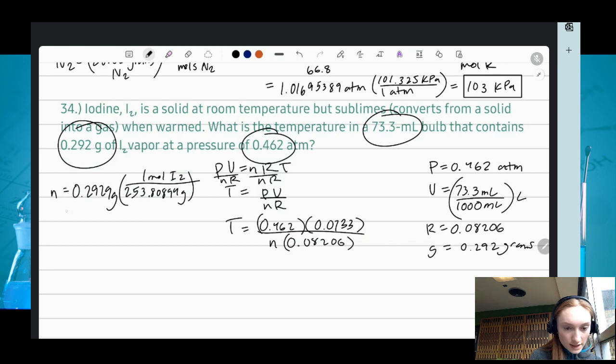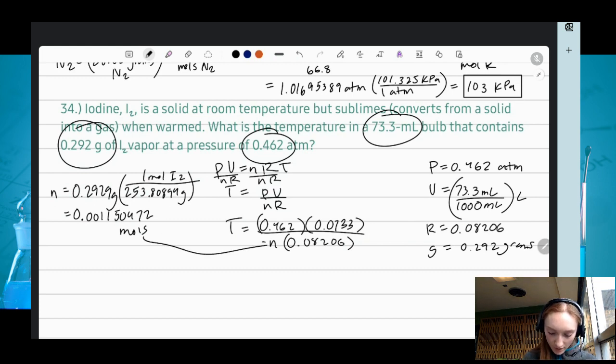And that will equal the amount of moles, which is 0.001150472 moles. So all we have to do is plug it in right there. Solving for all of that, the temperature will end up being 367 degrees Kelvin.